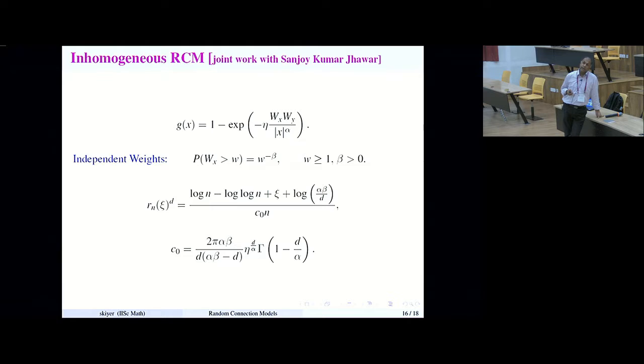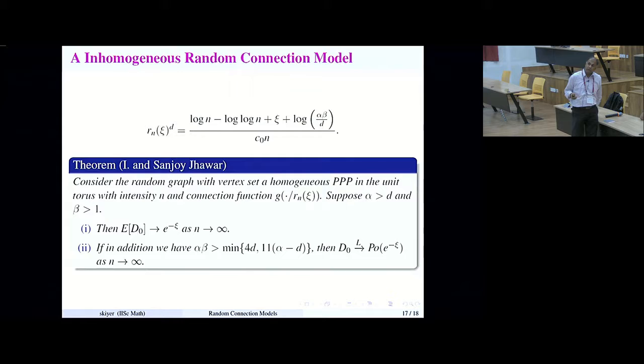So if your scaling parameter is given by this function here, where C0 is this constant, of course you will see conditions on these parameters when I state the theorem. So you see this log n term come here. This is the radius, this is the scaling parameter.